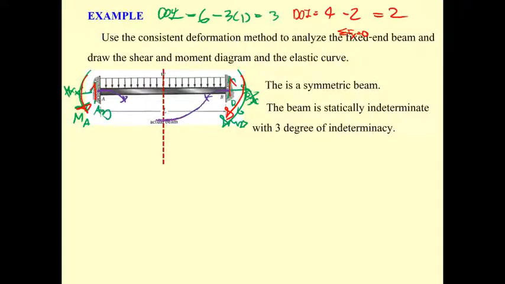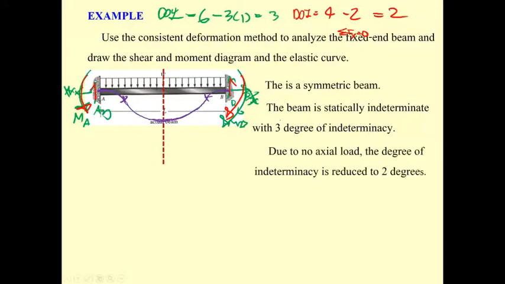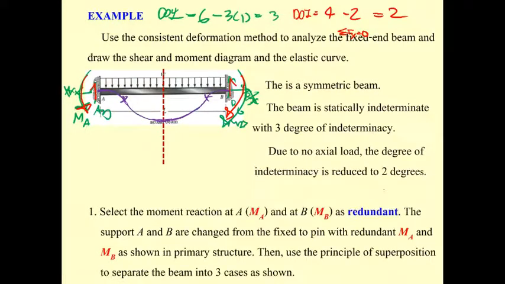This one is going to have a very similar shape like this because it's symmetric. Okay, and it's reduced to 2 degrees of freedom. So you're going to set 2 redundancies.